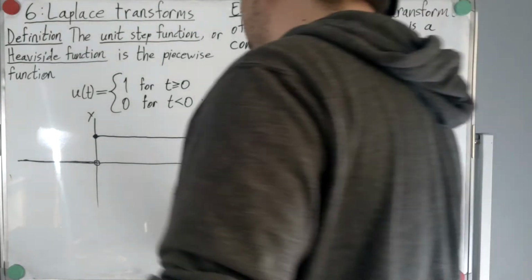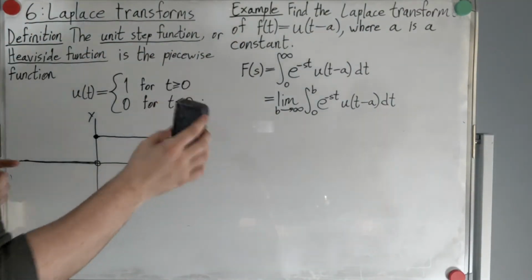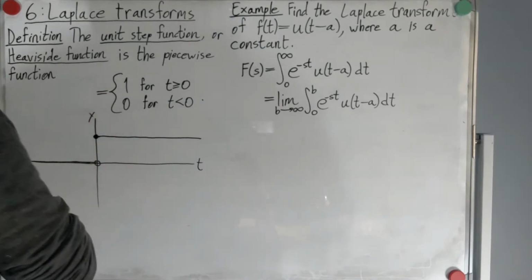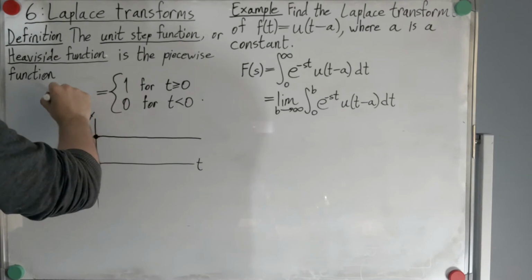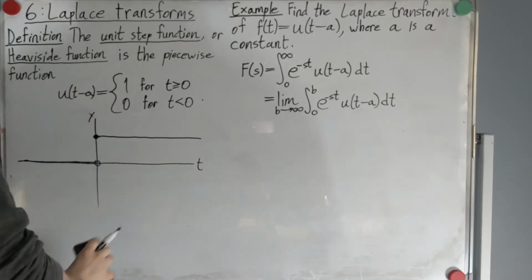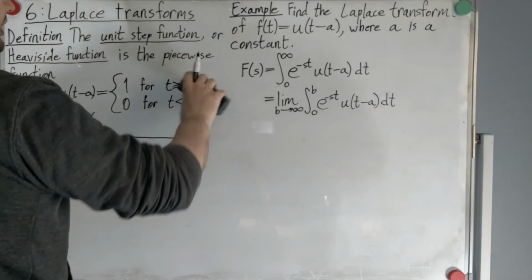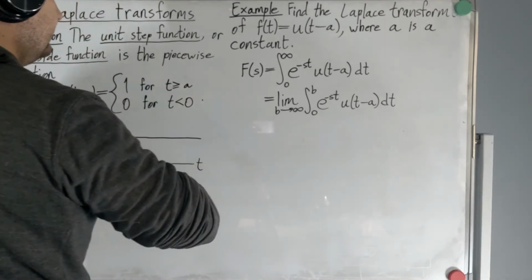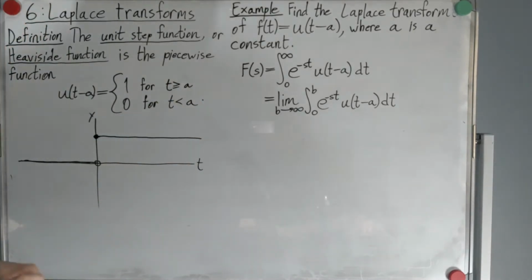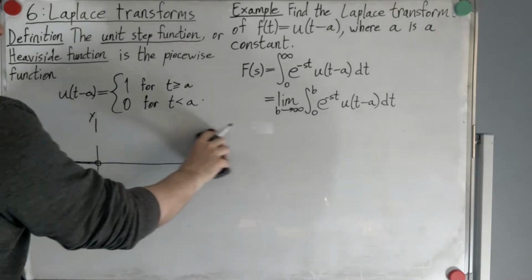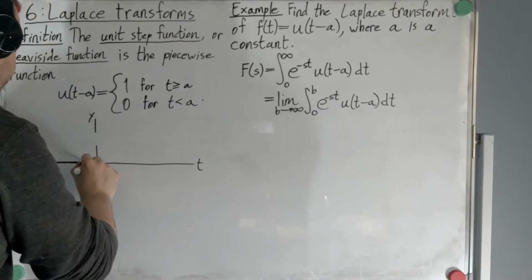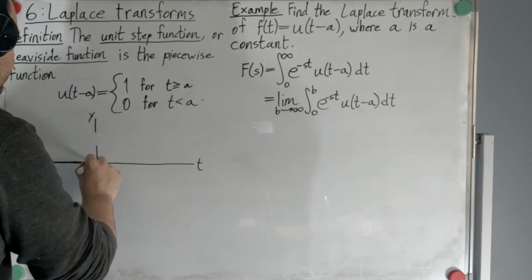So first of all, let's understand that u of t minus a. If you take u of t and you replace it with u of t minus a, what you're going to get is 1 for t greater than or equal to a, and 0 for t less than a. So it shifts this center, so to speak, of the Heaviside function.